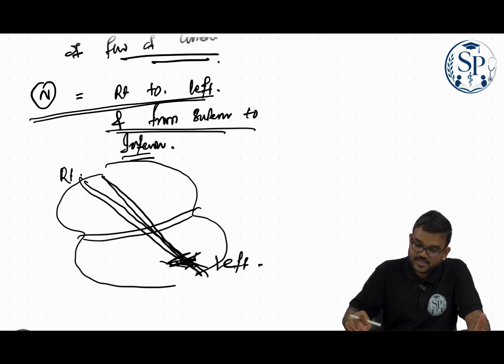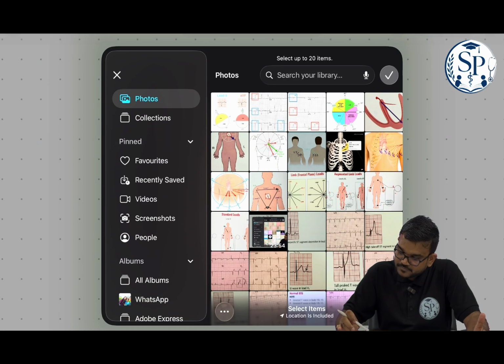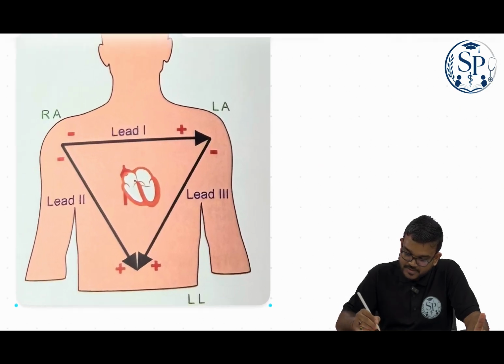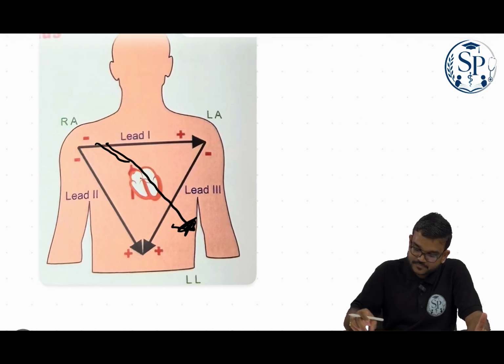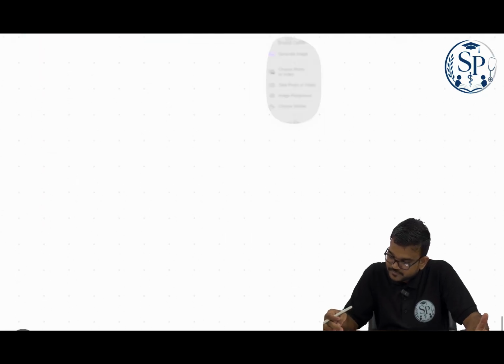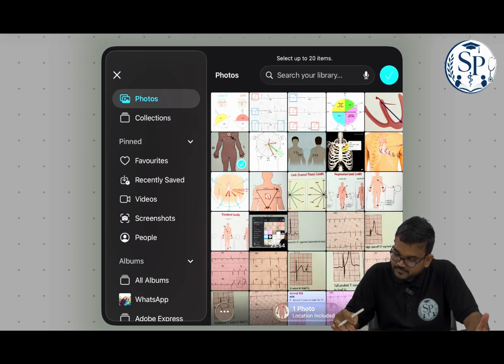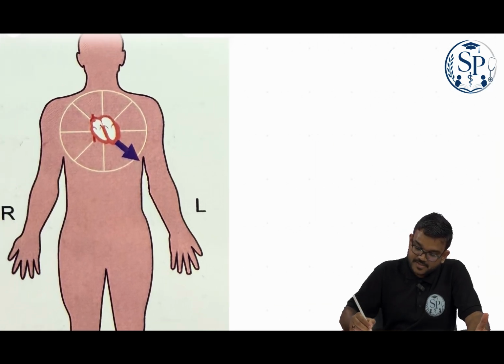So now we will see one diagram. This is the net electrical axis of the heart. Yes, I can see here this is the net electrical axis.